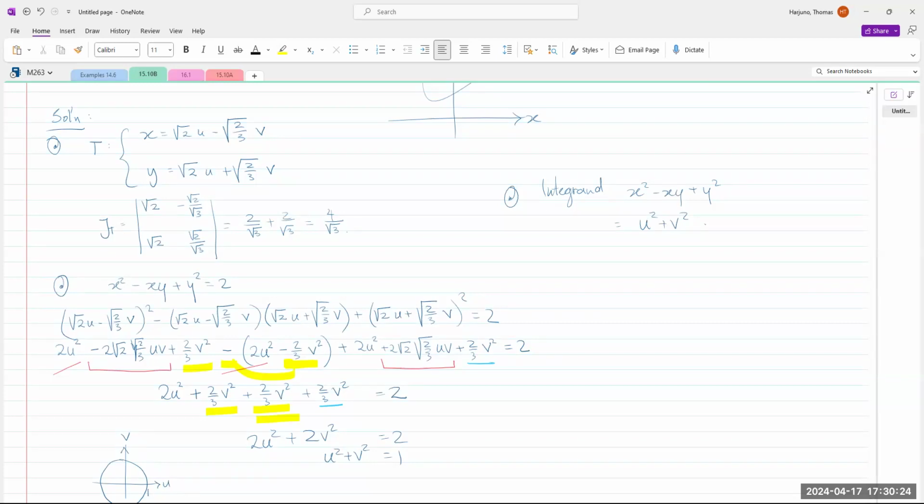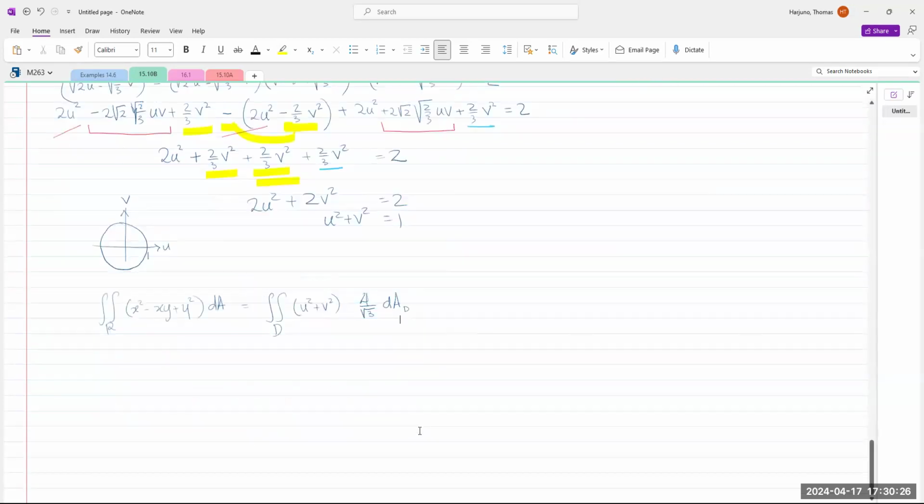Let me check my Jacobian just in case I make a mistake. Okay. So how do we integrate this? Let me pull that 4 over radical 3 out, and notice that the domain D is actually a disk, so I can do another change of variable, 0 to 2 pi, 0 to 1, right? The radius is 1.